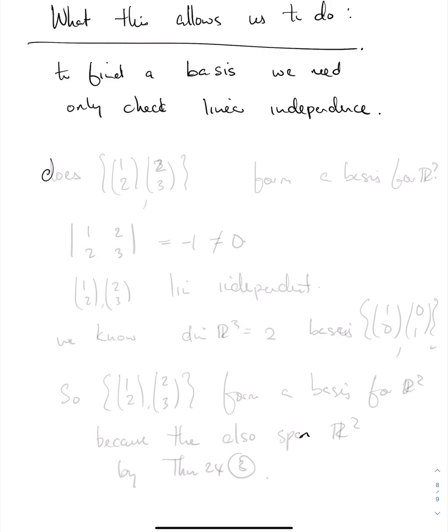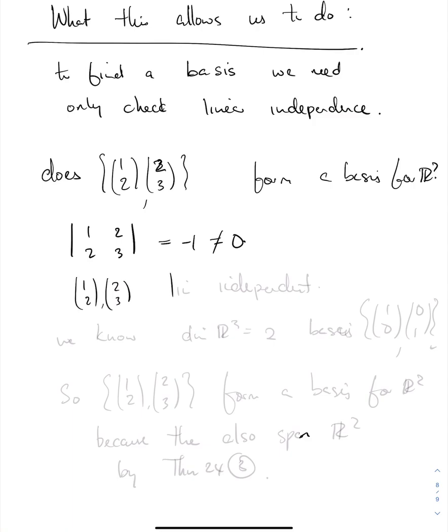So, for example, if I were going to ask the question, does (1, 2), (2, 3) form a basis? Well, let's make a matrix out of it, and we're going to take the determinant. We know that this determinant is 3 minus 4, which is minus 1, which is definitely not 0. So (1, 2) and (2, 3) are linearly independent.